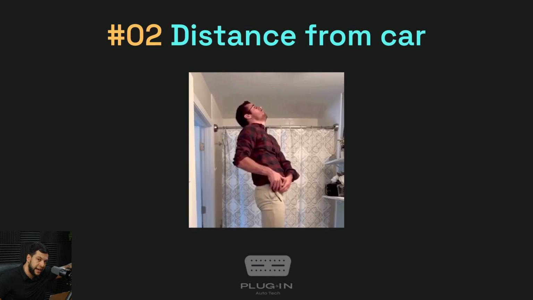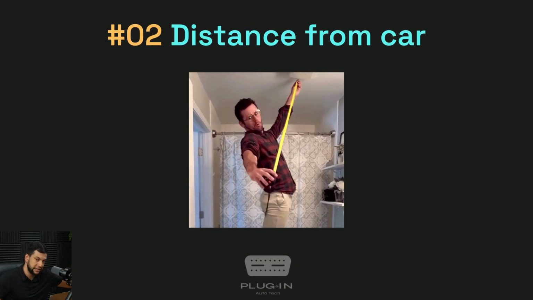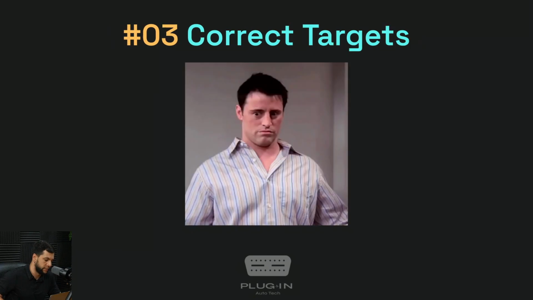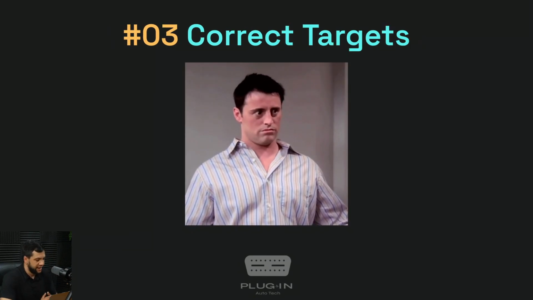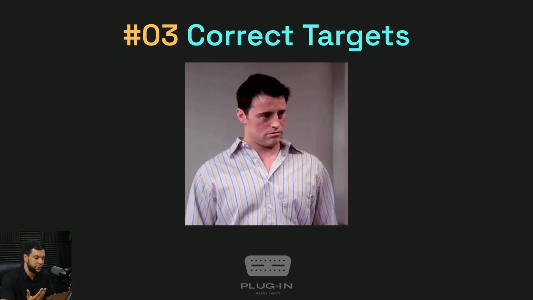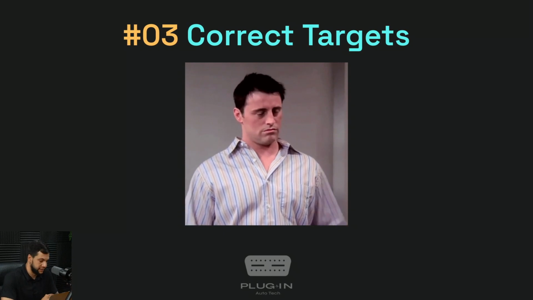So if you already checked the lights and the distance, you're good. Let's go to the next one. And for the next one, I put Joey here with this face because it's like, oh, this is so obvious. But sometimes it isn't. Sometimes you're so used to doing calibrations that you only see the picture of the target and you go right away and pick up the targets, and maybe you didn't check the values, the code of the target.